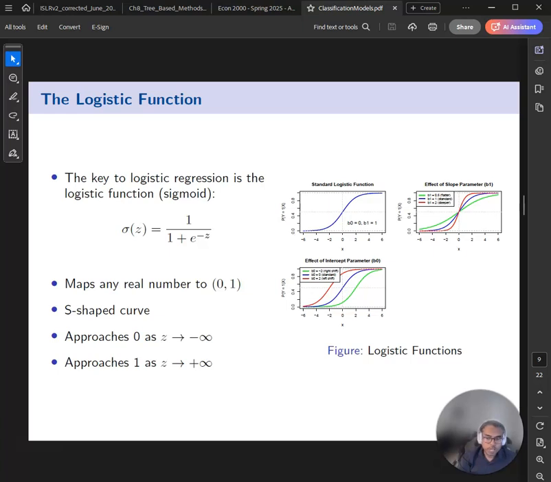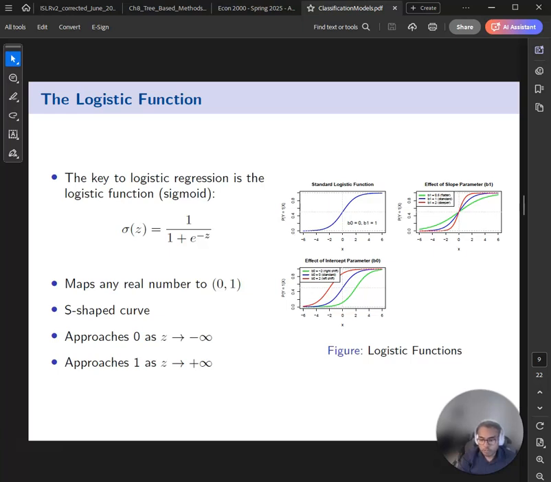The graph on the right shows us how changing the parameters affects the curve. Look at the middle graph where we change the slope parameter b1. By changing that, we make the curve steeper or flatter. A steeper curve means probability changes more dramatically around a threshold point.